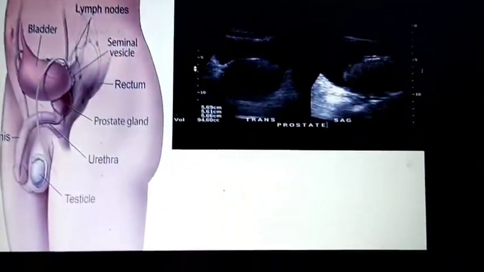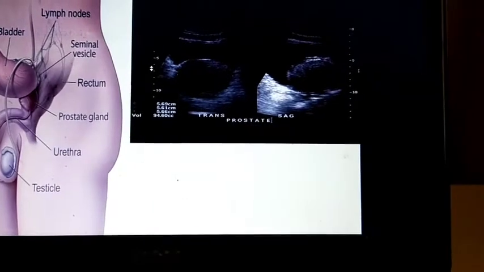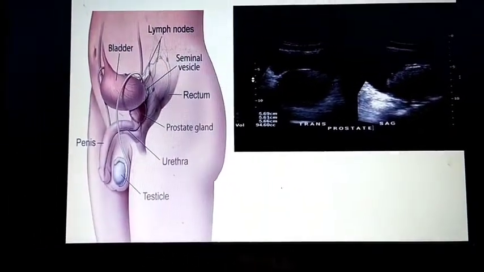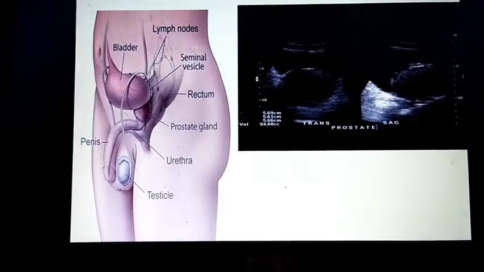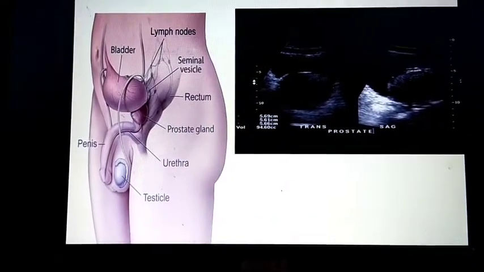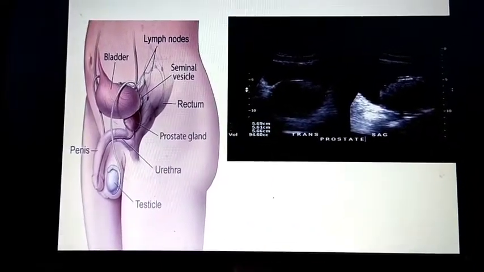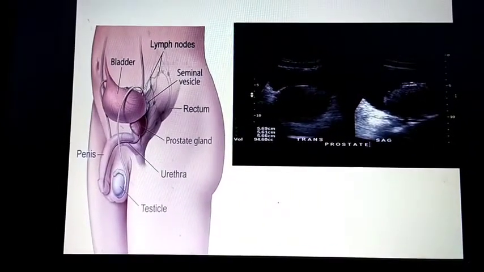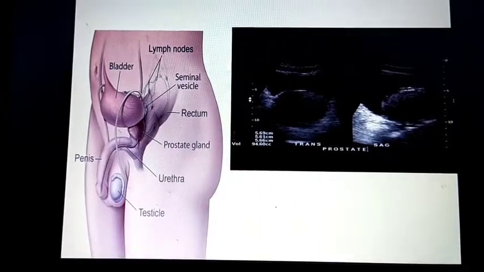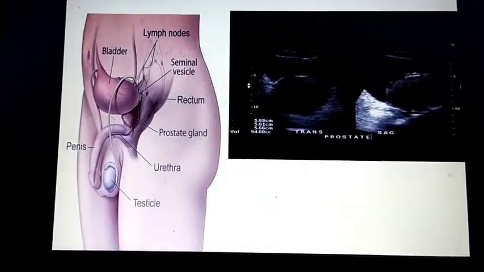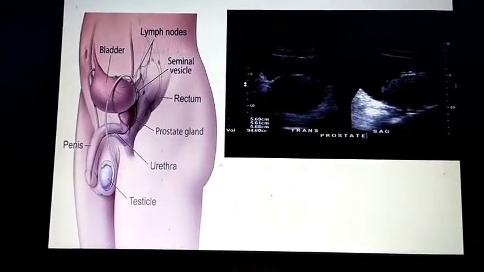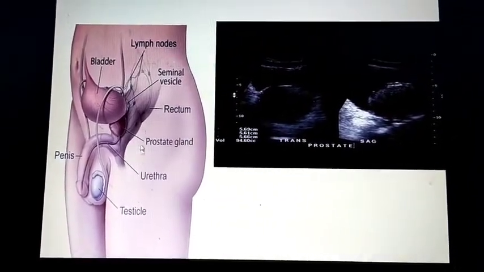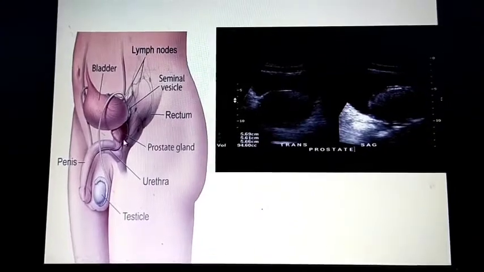The prostate lies in the lesser pelvis, below the neck of the urinary bladder and behind the lower part of the pubic symphysis and the upper part of the pubic arch, and in front of the ampulla of the rectum. Okay, you can see here this is the rectum, and ampulla means the dilated part of the rectum, in front of the rectum in the male.